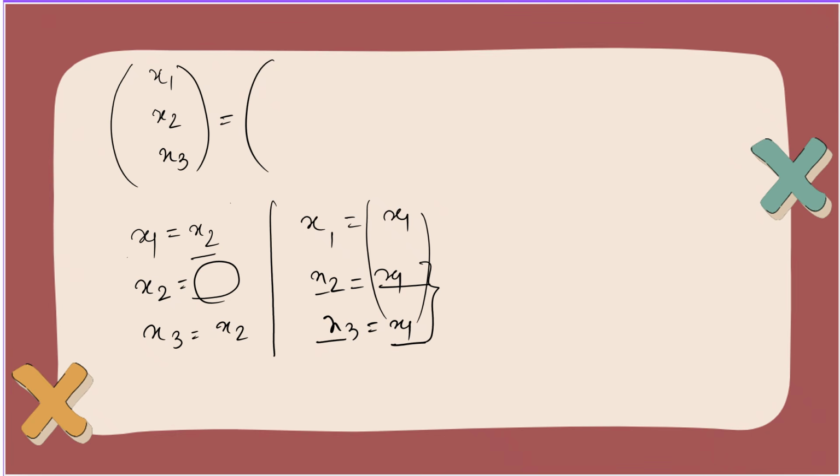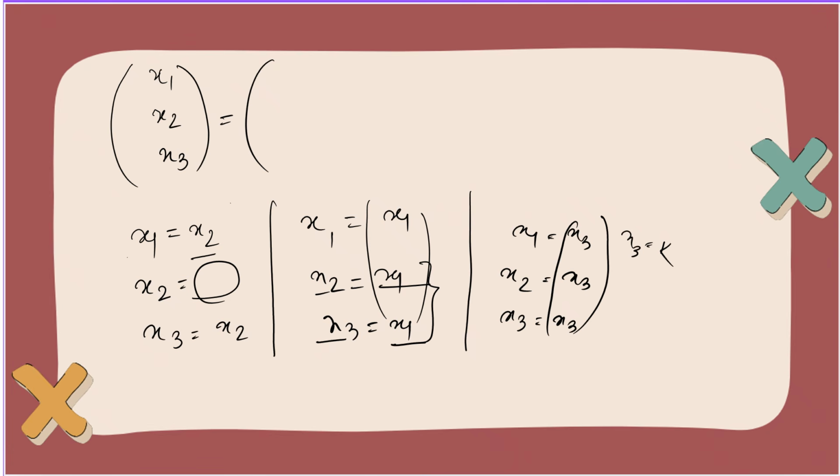So put any arbitrary value for x1 and get the final eigenvector. Similarly, if someone takes x3 as it is and x2 and x1 in the form of x3, you get all the eigenvectors in the form of x3. So take x3 is equal to k. In that manner, we have to find the eigenvector.